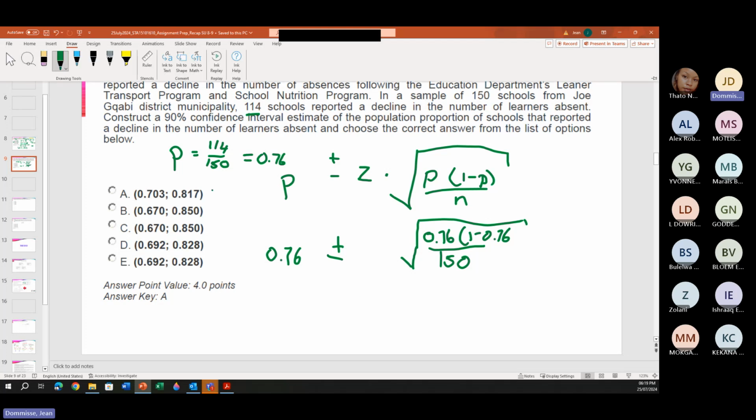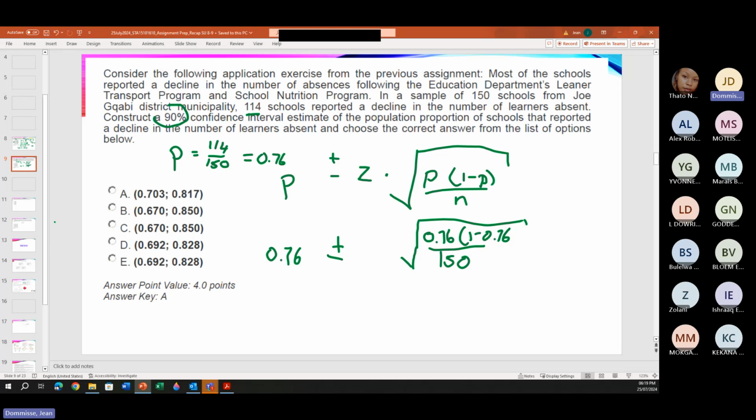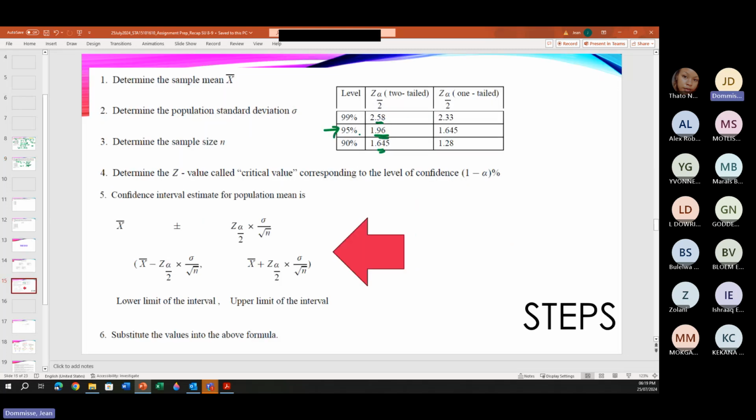And then let's look at the Z. Construct a 90% confidence interval: 1.645.